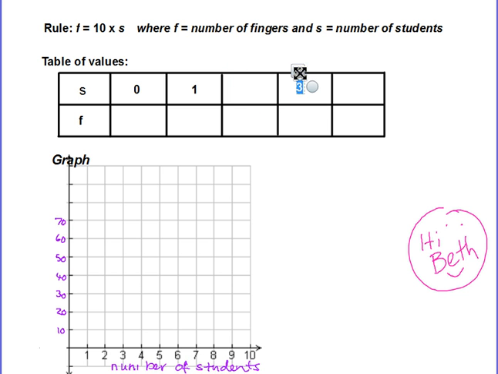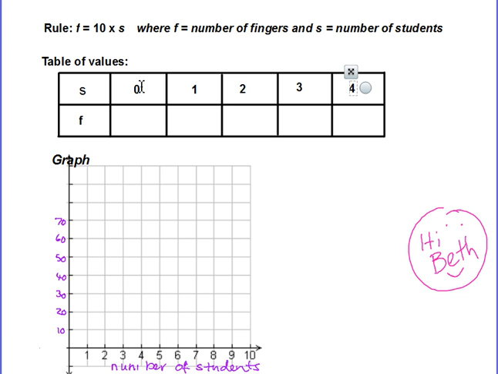So we'll just go 0, 1, 2, 3, and 4. And what we're going to get from this table of values is 5 points that we can plot on our number plane.